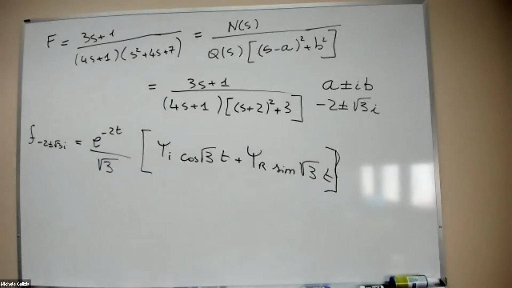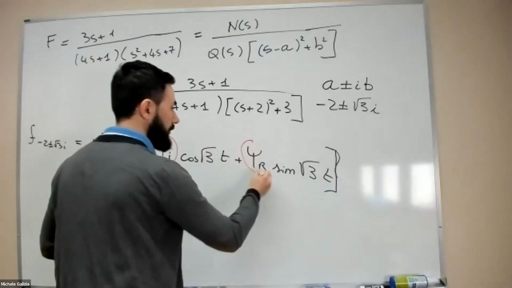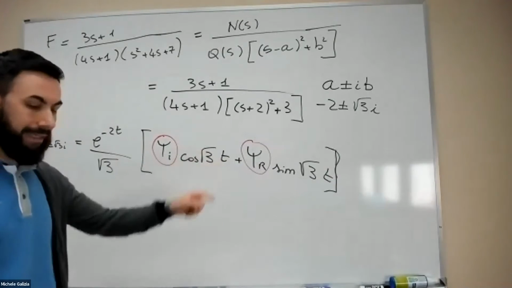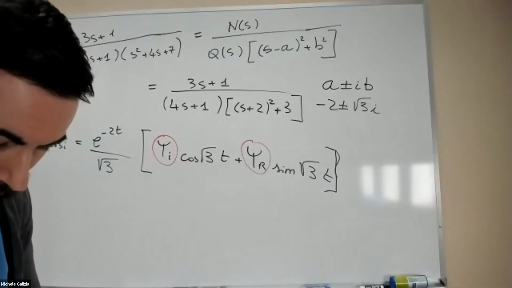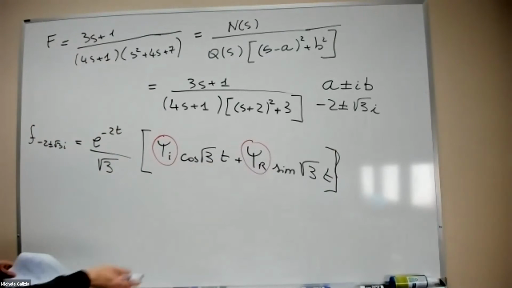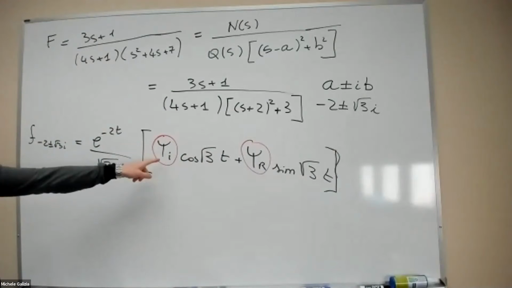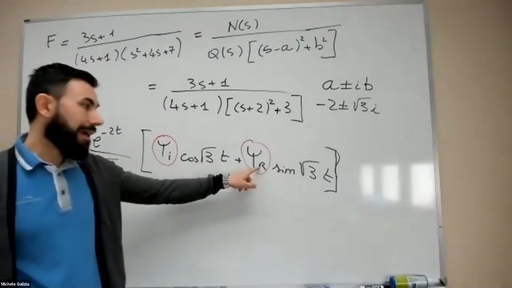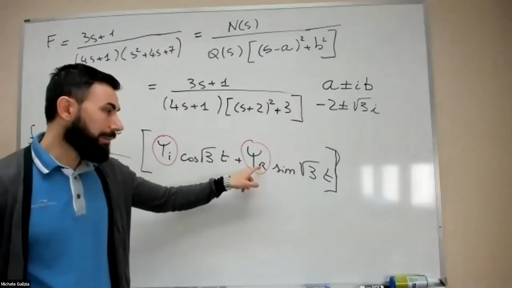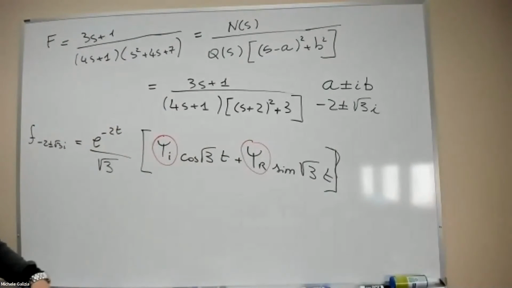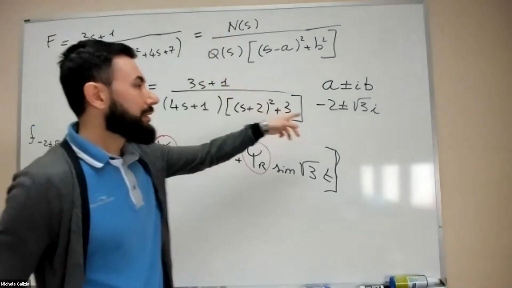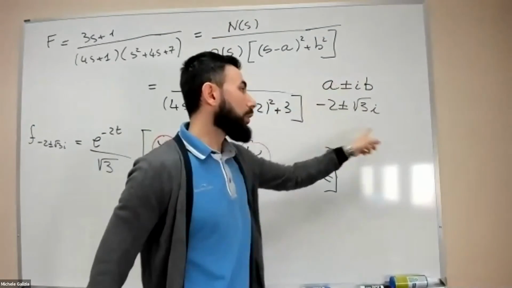The problem is that now we don't know this psi I and psi r. Okay. So look at the slide. Psi I and psi r are the imaginary part and the real part, respectively, of n over q calculated in correspondence of the complex pole.